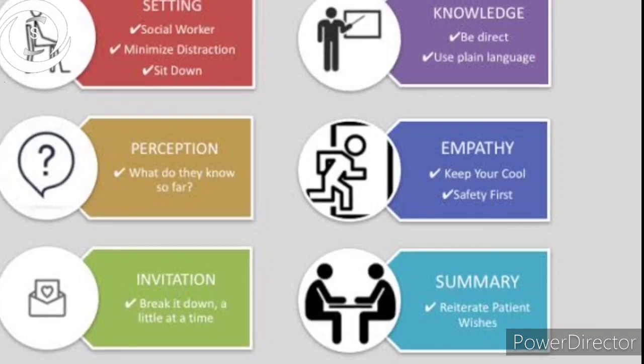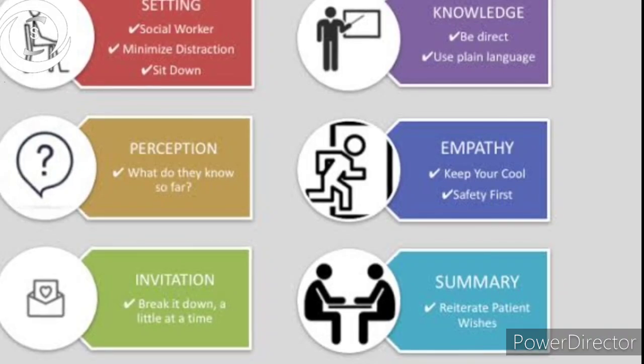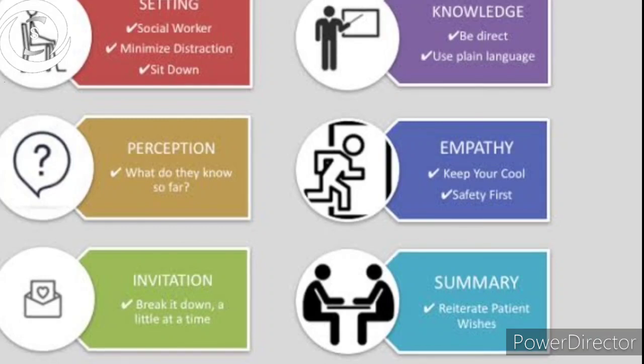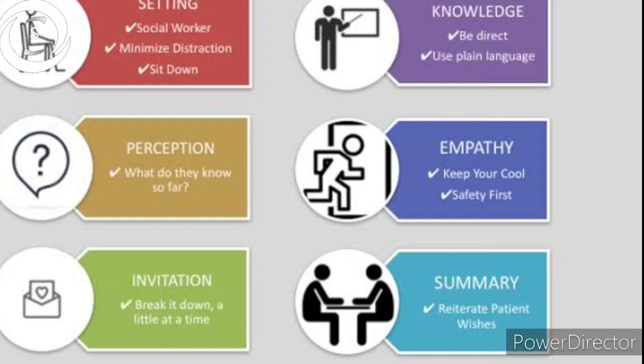Now the next step is to find out how much the patient knows. Particularly, is he aware of the seriousness of the situation or not? Ask, what did the referring doctor tell you about the illness, and how is the condition? The patient's or attendant's words or body language will also tell you about his perception of the disease.